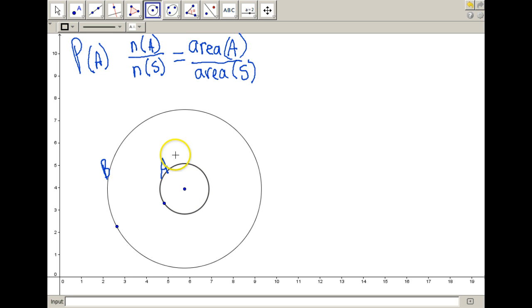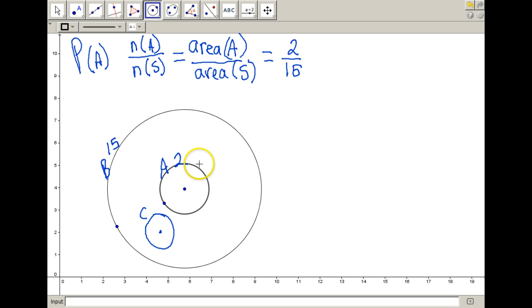So you just find the area. Let's say the area of this circle is 2, and the area of the big circle is 15. Then your probability of hitting circle A would be 2 over 15, because those were the respective areas, right? 2 over 15.